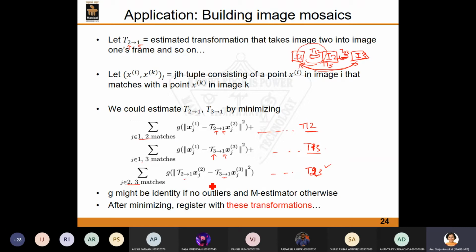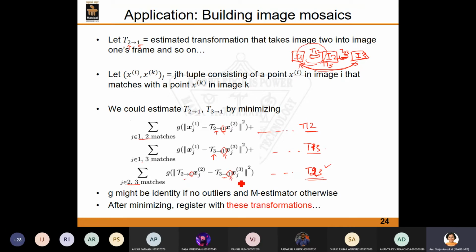Why I'm doing that is because this is a transformation which maps to image 1, and this is also a transformation which maps to image 1. So if I'm able to express the transformation T23 in terms of the transformations which map to image 1 itself, that means the basic reference frame, or the reference coordinate, which I'm considering is with respect to image 1.